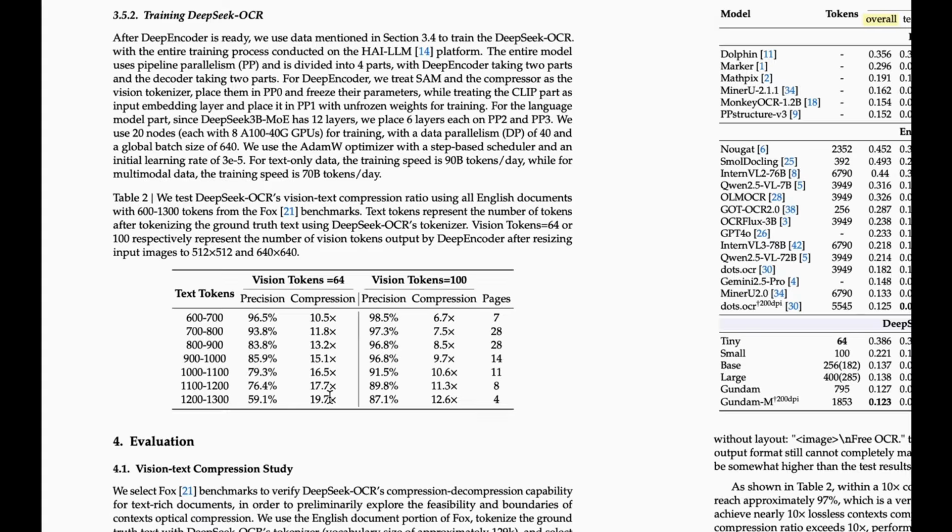And if you notice this table very carefully, you see 600 to 700 text tokens, they are providing 98.5% accuracy, which is 6.7x compression. Okay. And then 900 to 1000, which is around 96.8 accuracy. And 1200 to 1300, you can see over there, which is 87.1 accuracy. Okay. And this is around 12.6 compression.